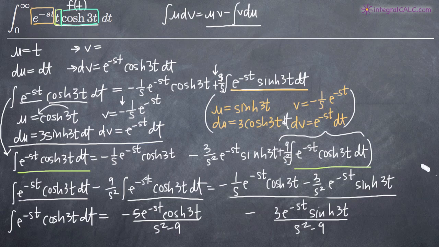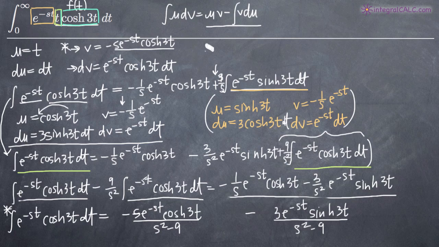All right, so that's pretty much as simple as we're going to get it. We know now that this integral was basically what we had to do in order to find v up here. So v is now equal to negative s e to the negative st cosh 3t over s squared minus 9.